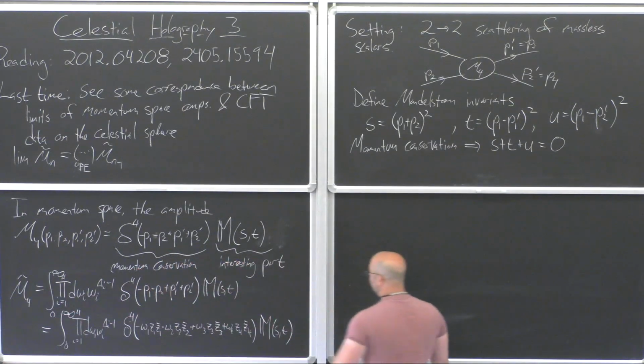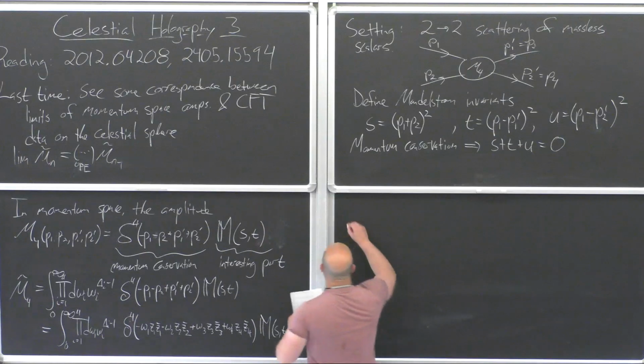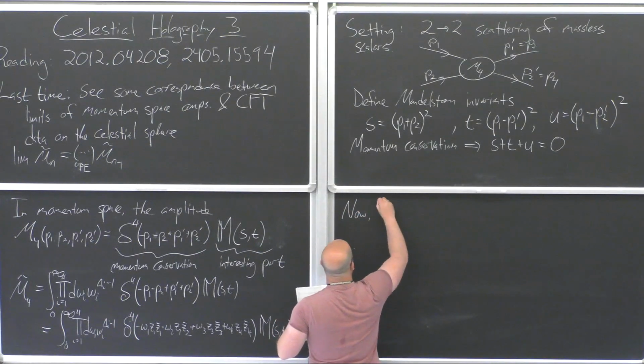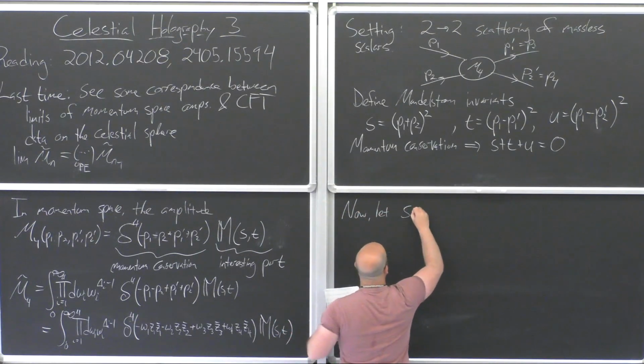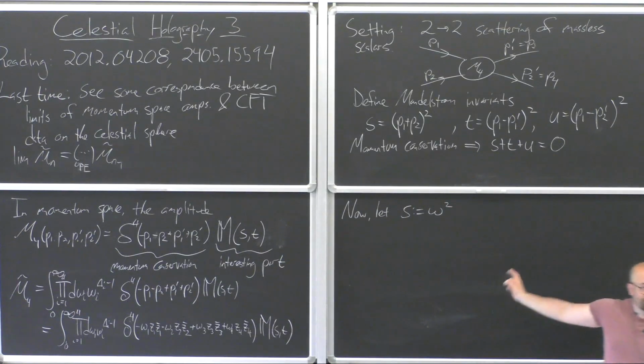So to do this, we have to come up with some interesting changes of variables for the Mellin integrals. We're going to introduce a new variable, omega, that doesn't have a particle label on it.